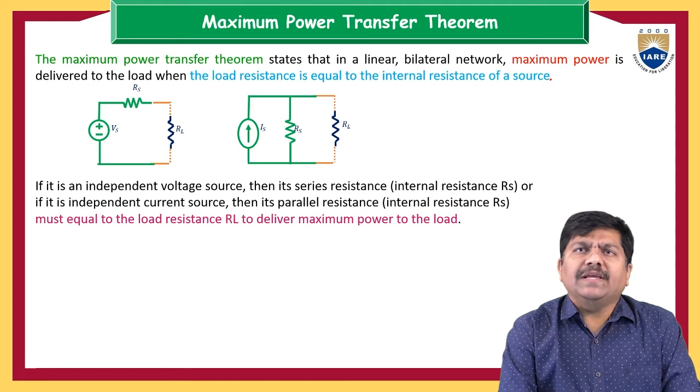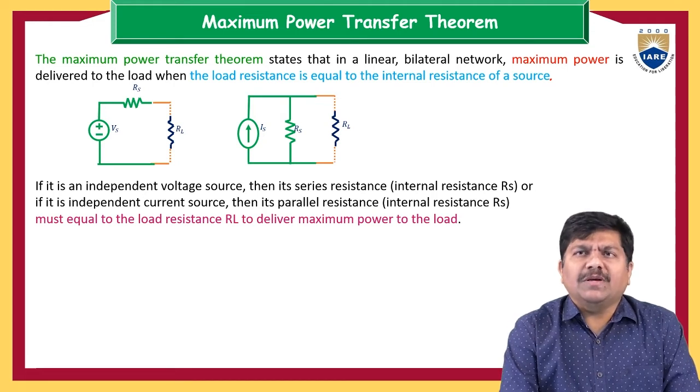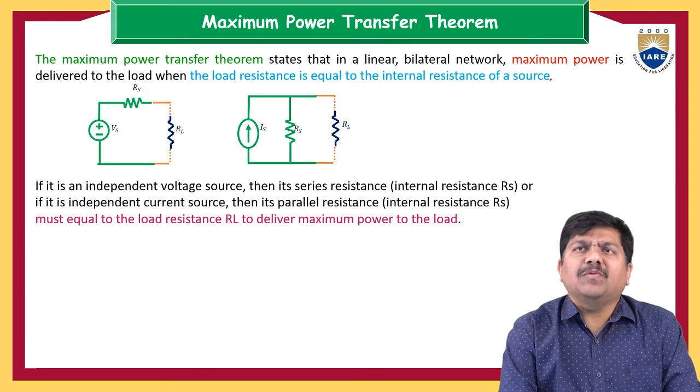When that happens, the load resistance must be equal to the source resistance. Then only can we see maximum power at the load points. Anyhow, in today's video session, I am going to derive whether the power is maximum or not with the help of fundamental mathematical and electrical principles.